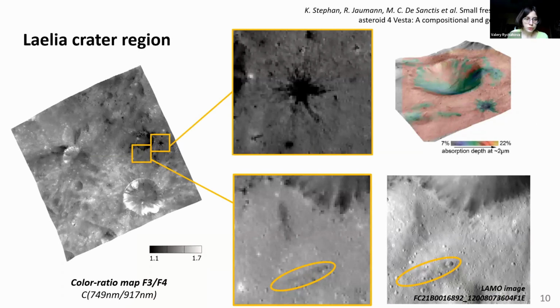Occator crater region is also interesting due to some other features. For example, to the east of Occator, we could see a small crater with a diameter of approximately 400 meters that has a very shallow pyroxene band, and also the same situation with the absorption band depths at 2 micrometers.